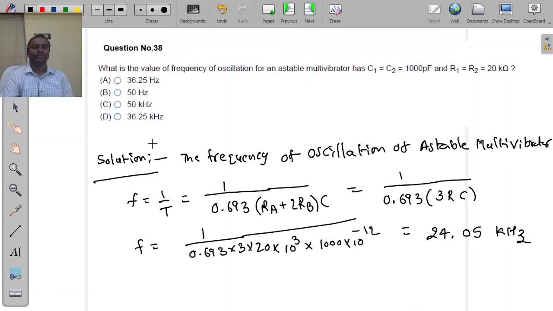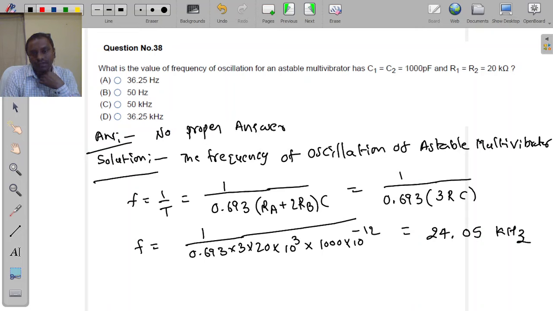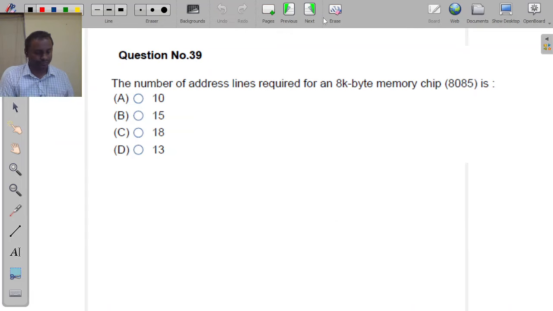See, there is no correct answer matching 24.05 kilohertz. So answer for this question is no proper answer. You can raise an objection against this question also.